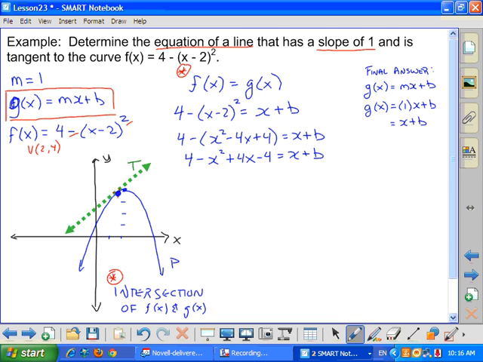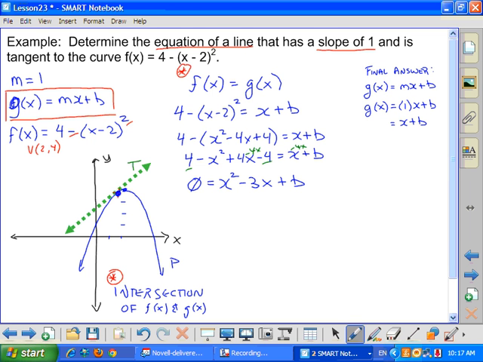I'm going to move things to the right side because I want x squared to be positive. So I would have positive x squared. I'm going to subtract 4x from both sides, which would mean I would end up with negative 3x. I have 4, take away 4, so that's 0. So all I'd be left with is plus b on this side.